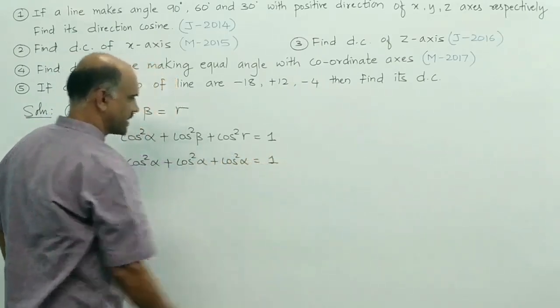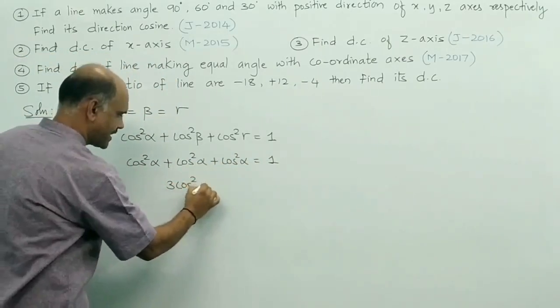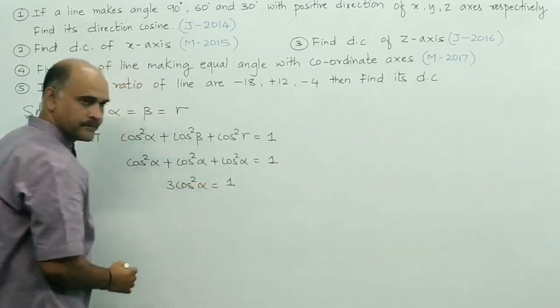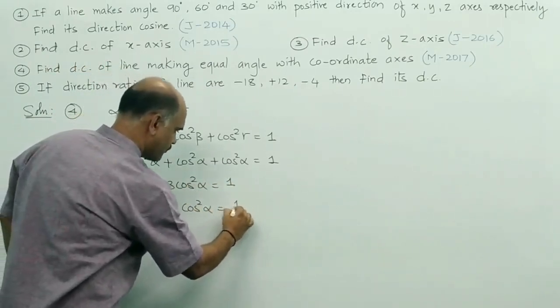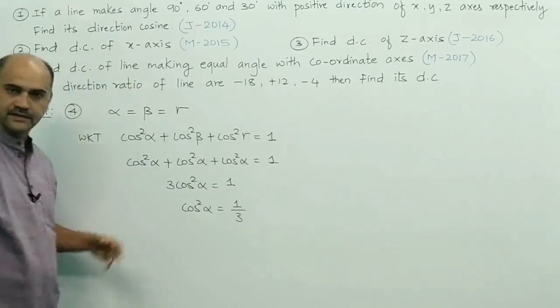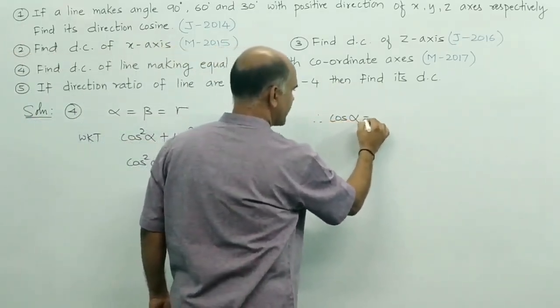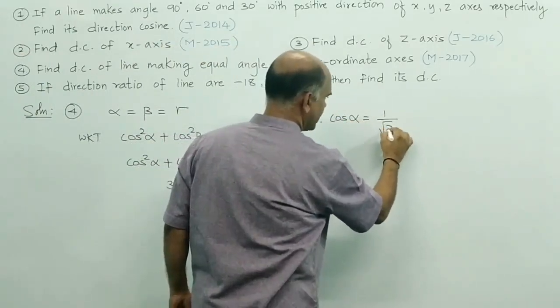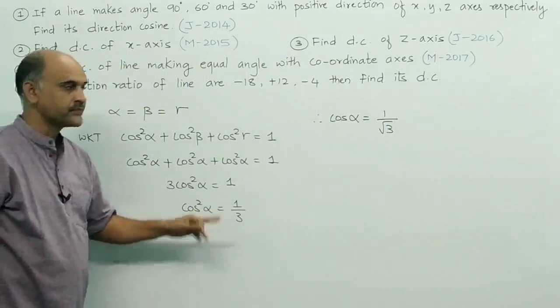So you have 3 cos square alpha is equal to 1, or you can say cos square alpha is equal to 1 by 3. Therefore, if we take the root, cos alpha is equal to 1 by root 3.